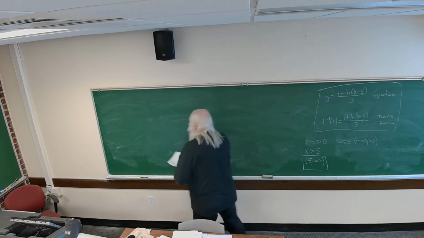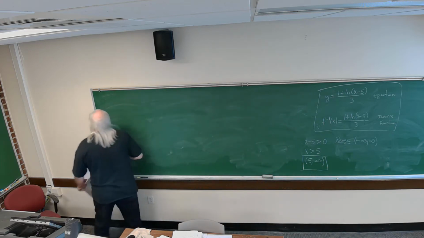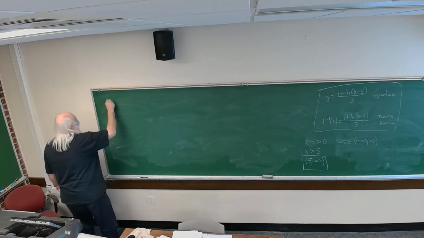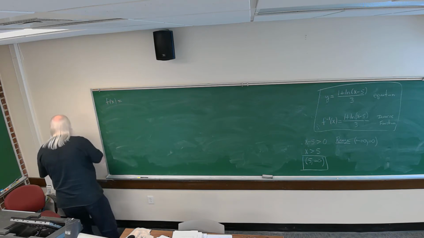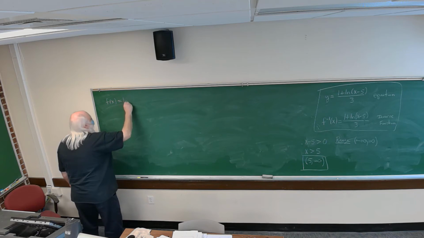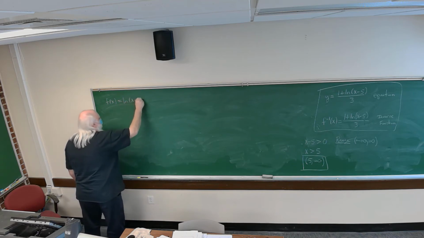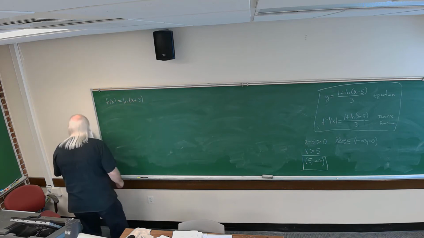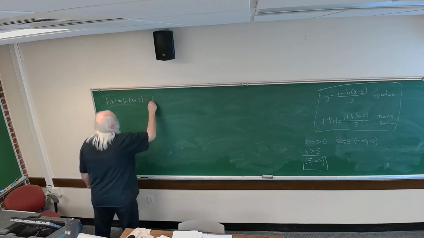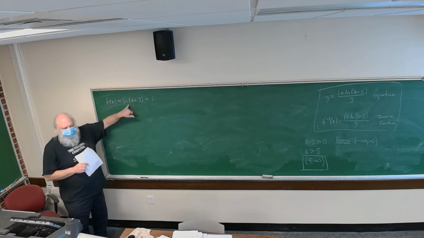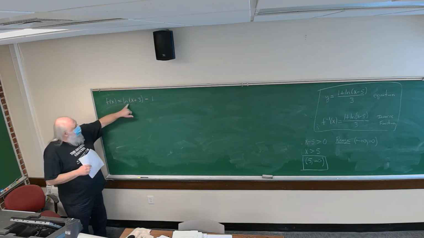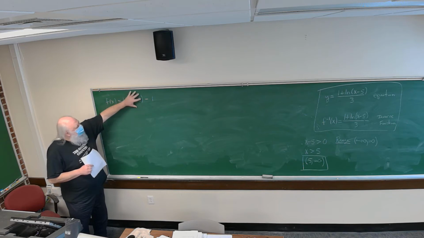In A, the one-to-one function was the transformation of the natural exponential function. In B, the one-to-one function is the transformation of the natural log function. So we have the argument going into the natural log function is x plus 3. So we have the natural log of x plus 3, and then that minus the number 1.